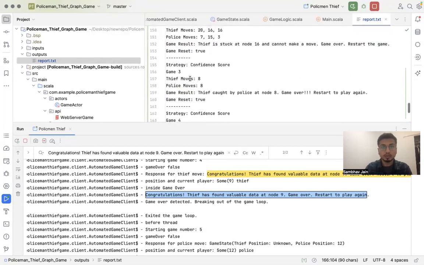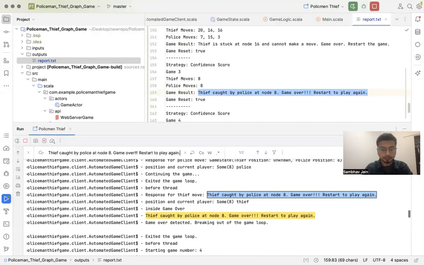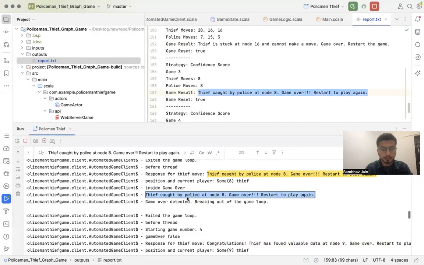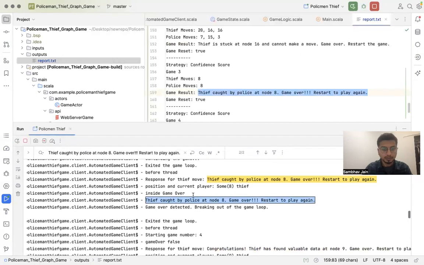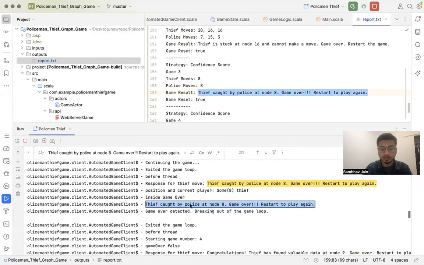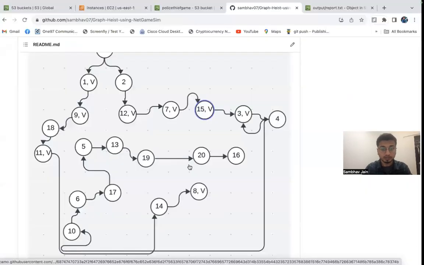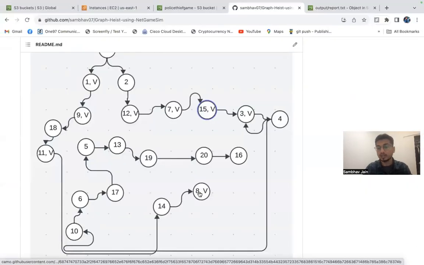Then game number 3, where what happened? This is also an interesting case that we should discuss right now. So first we should look at the log here again. Yeah, so this is the thing: the thief is caught by the police. If thief is at 8 and police also got placed at 8, so in our graph, thief was at 8.